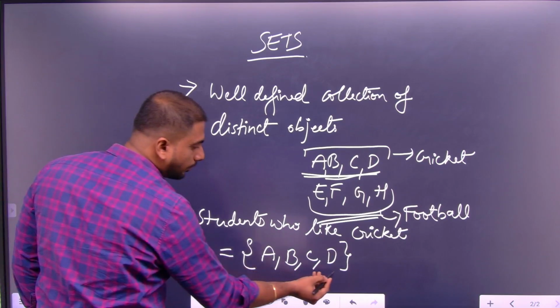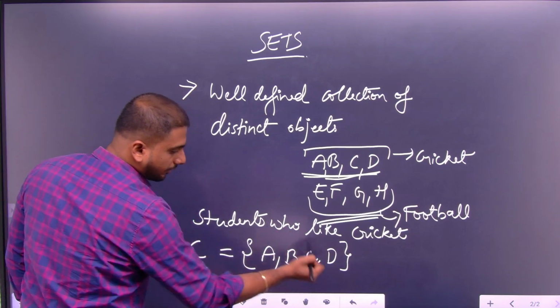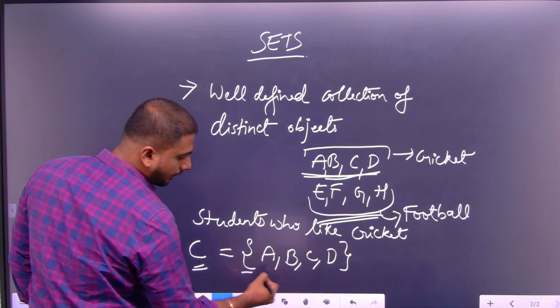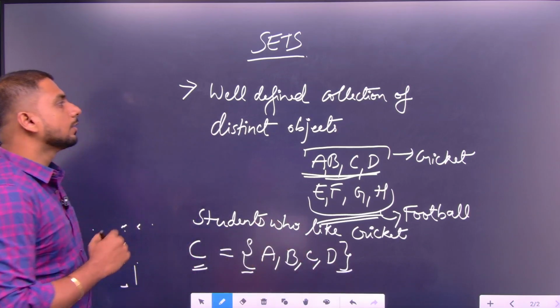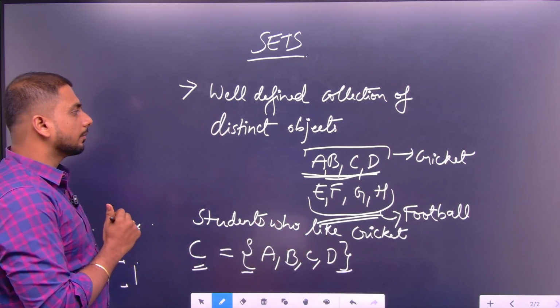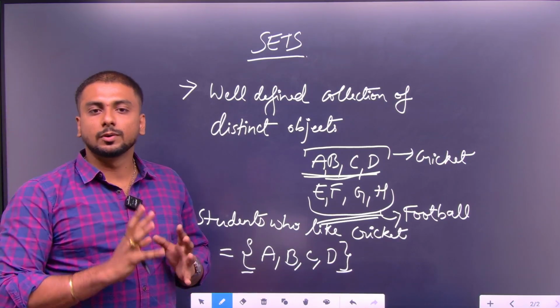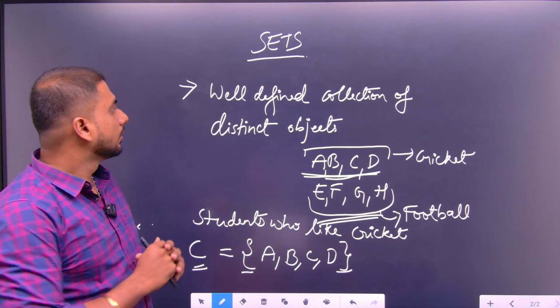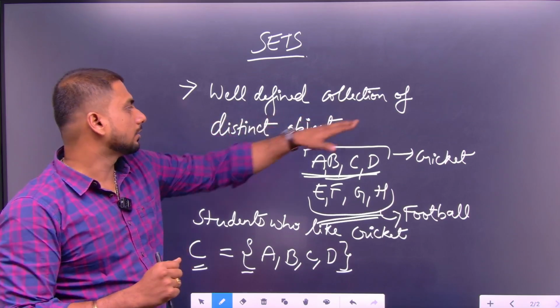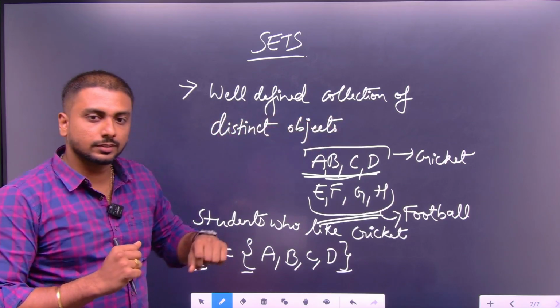They are separated by commas inside flower braces. I have written it this way because this is the actual definition of what a set is. A set is a well defined collection of distinct objects.